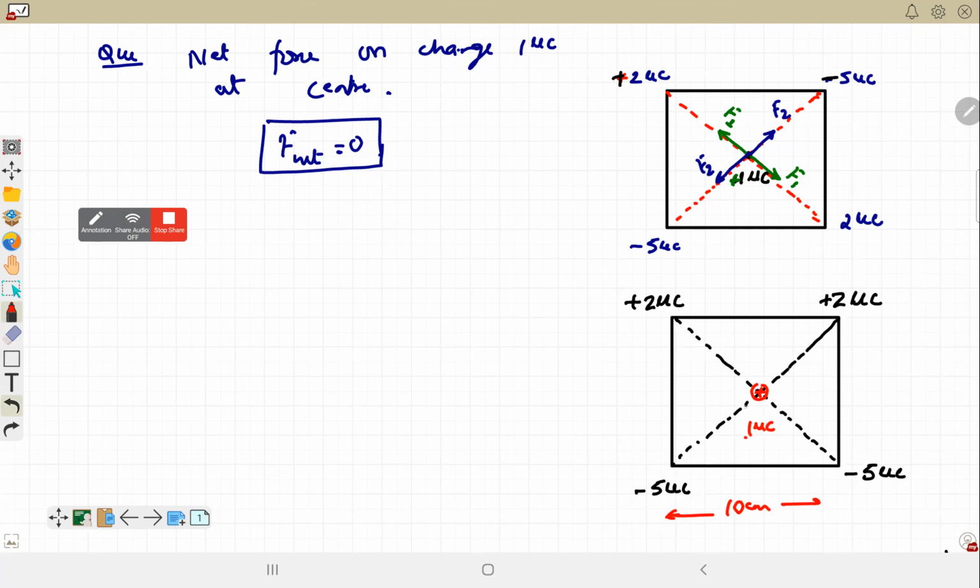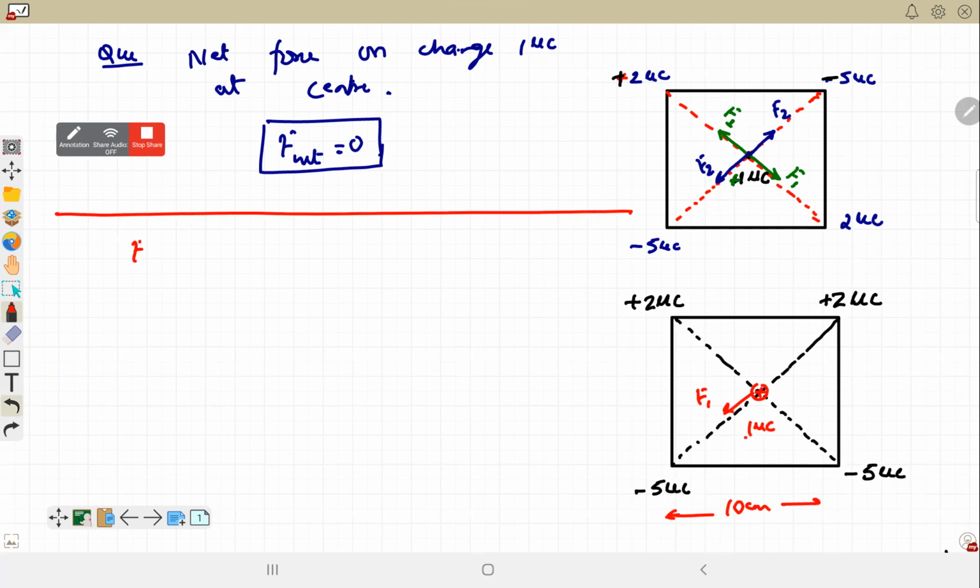Now what will happen, this positive charge will repel it by the force F1. This positive charge is repelling 1 microcoulomb, which is K Q1 Q2 by R square. We take this as F for some time.